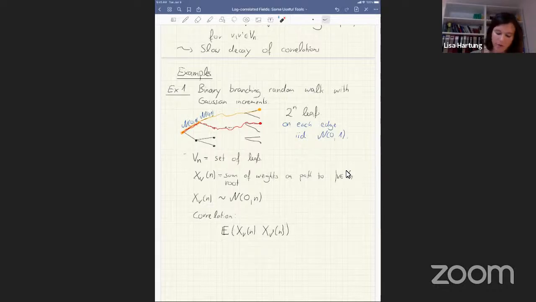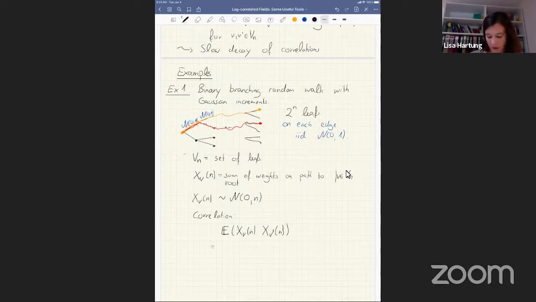And so the correlation between, if I take two leaves, the values of this stochastic process, this correlation is exactly given by, and since I have N(0,1)s, is exactly given by the number of edges that the paths share.